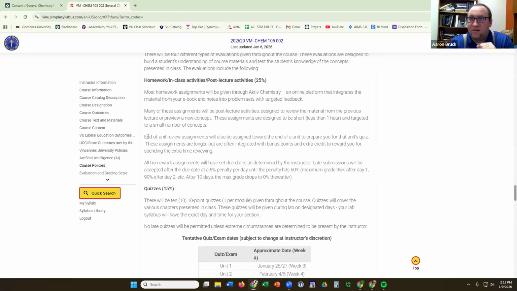Those are worth homework points. Post lectures are also worth homework points. At the end of each unit, there is a review activity that is available for bonus points. All of that ends up being a quarter of your grade, 25%.